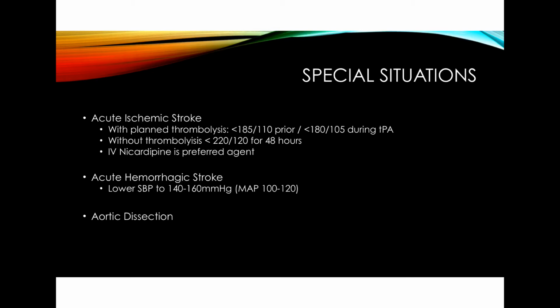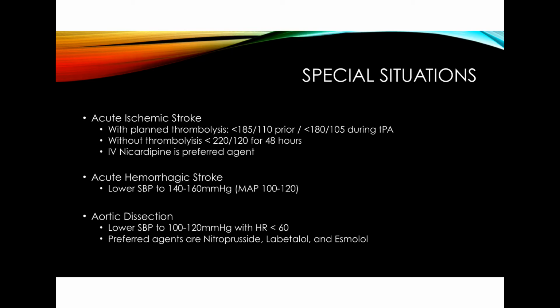In an aortic dissection, the goal, as I previously mentioned, is to limit the shear stress on the aortic wall, and you do that by lowering the systolic blood pressure to 100 to 120 with a heart rate as low as possibly tolerated, typically 50 to 60 beats per minute. The best agents for that would be labetalol and esmolol, short-acting beta blockers, with nitroprusside as an adjunct.